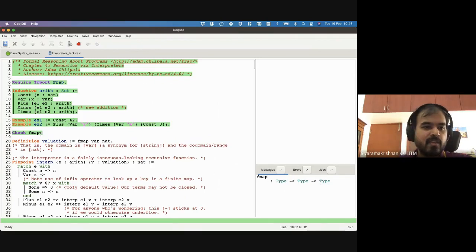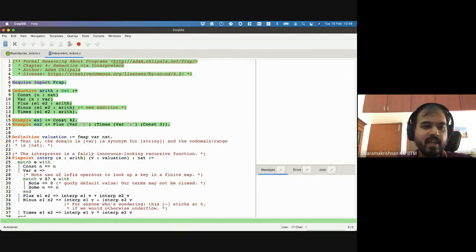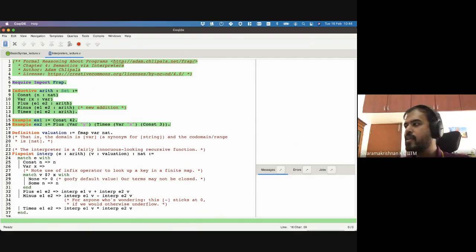So here's a cool thing about fmap. Typically when you think about writing a map, say a hash table in your favorite programming language, say C++, you need a few things about the key.